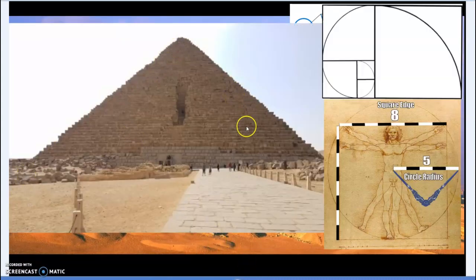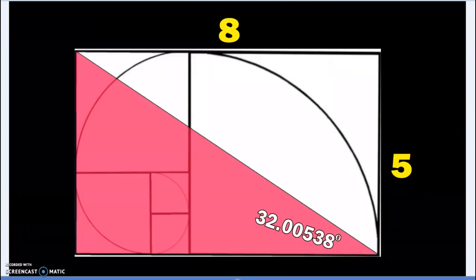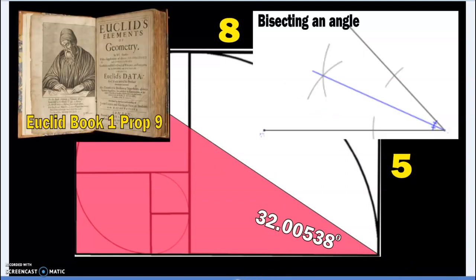So back to the Menkaure Pyramid, 200 wide, 125 high, 5 to 8 ratio, and that Fibonacci spiral, 5 to 8. Now, in regards to the nonagon, so if you draw a diagonal across this rectangle, that would be 32.00538 degrees.